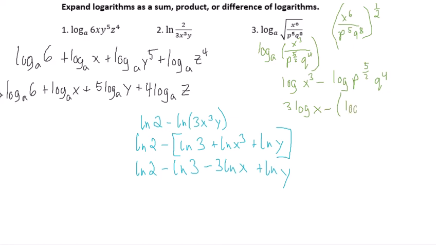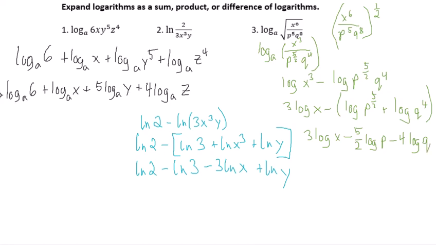So that's log p to the 5 over 2 plus log q to the 4. Okay, so 3 log x minus, I'm going to distribute that minus and kick any exponents out to the front, 5 over 2 log p minus 4 log q.